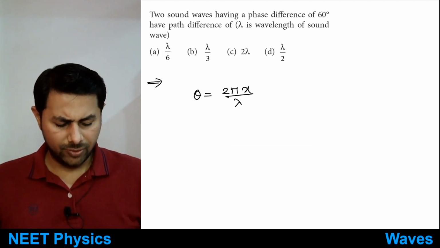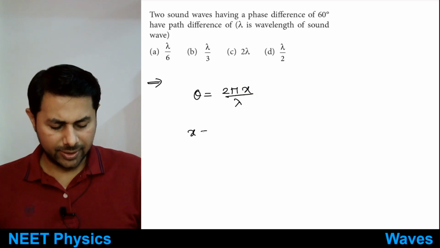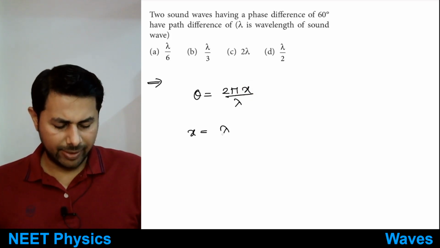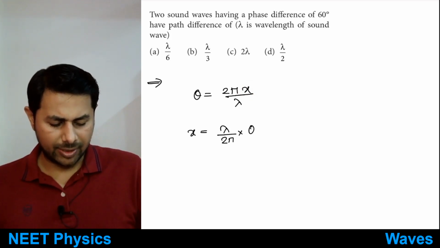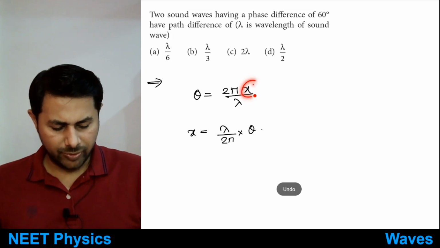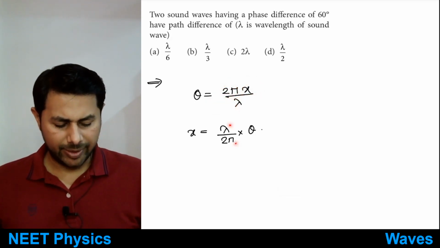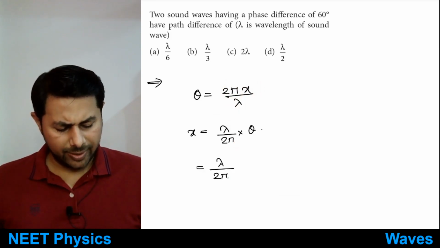You want path difference, so x is equal to lambda by 2 pi multiplied with theta. Just move these things to the other side; we want x, so lambda and 2 pi go on the other side.